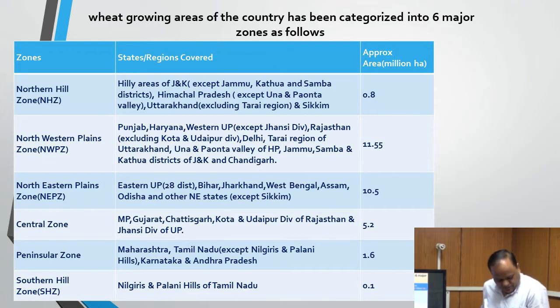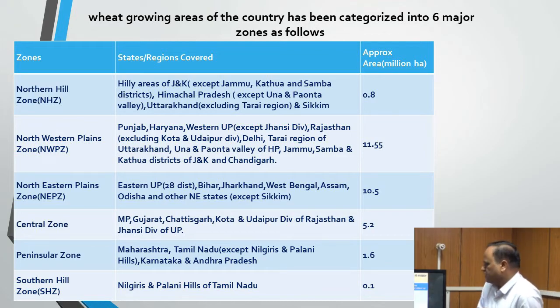It is one of the most important plain zones, which largely contributes to the production of wheat, and in this zone the climatic and soil factors are very favorable to growing wheat. So the productivity of wheat in the northwestern plain zone is comparatively higher than the rest of the zones.